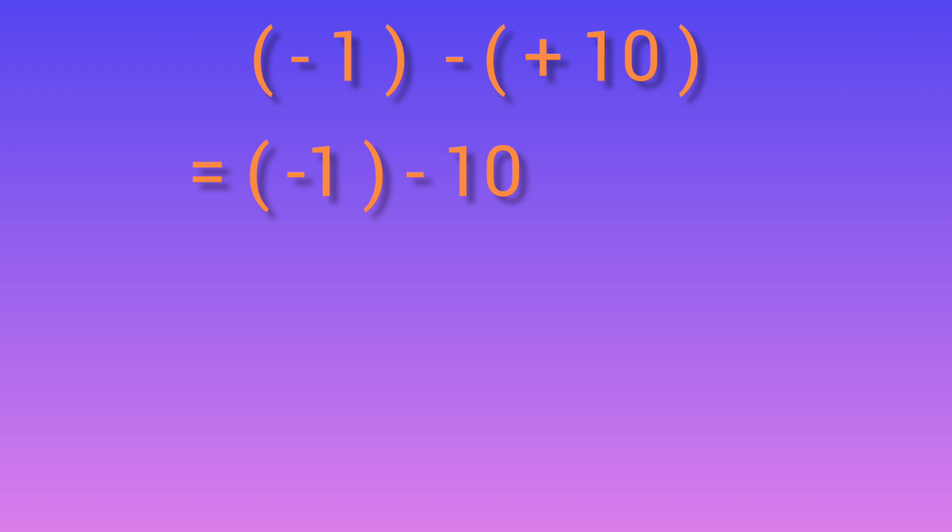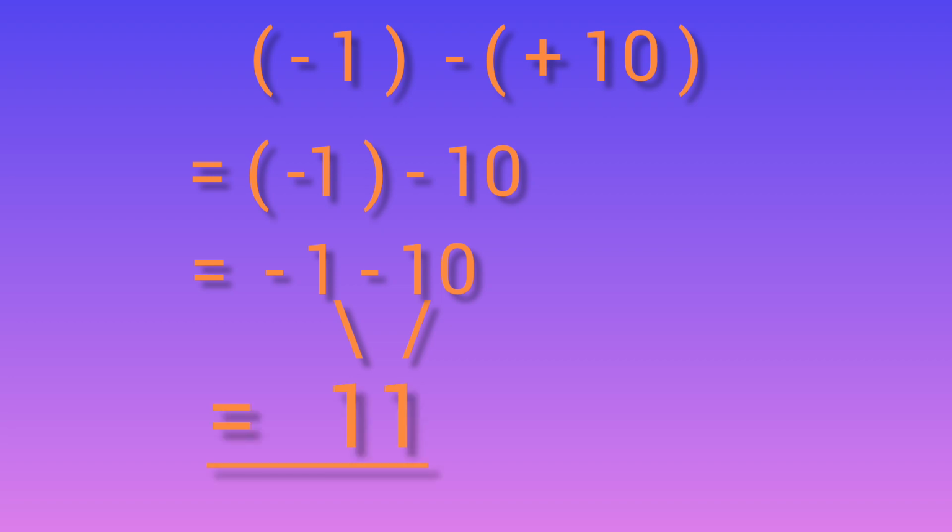So now we have two negative signs that are being separated by a number. So we are going to use the rule that we used previously. Because the signs are the same, we are going to add our two numbers, 1 and 10. So if you say 1 plus 10, you get an 11. But because the signs of both our numbers are negative, we are going to put back the negative sign to our answer. So our answer is a negative 11.